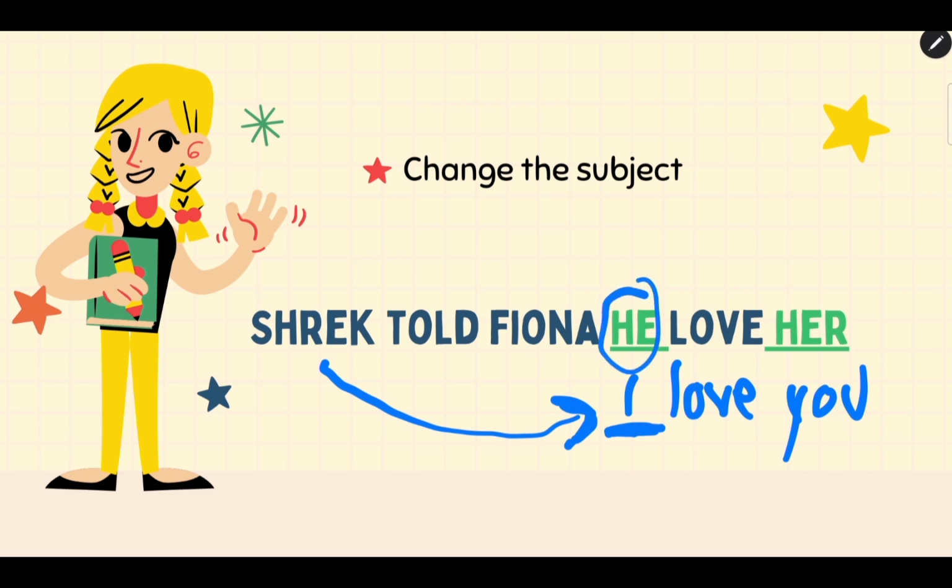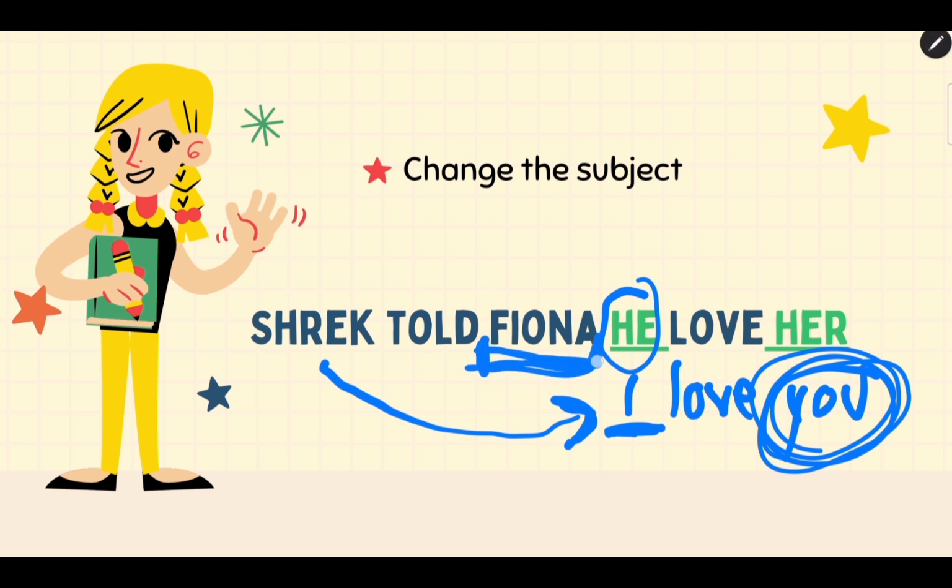And now we have you. Does Shrek love you? No, or maybe we don't know. Shrek doesn't know you, and so Shrek is not mentioning you. Shrek is saying this statement to Fiona. So what is the substitution for Fiona? Her, after the verb. Very good. And let's continue.